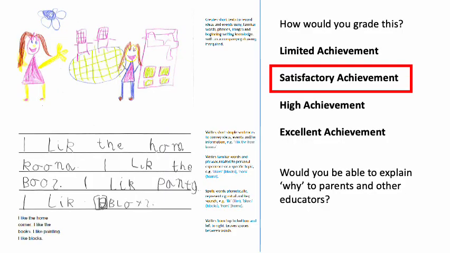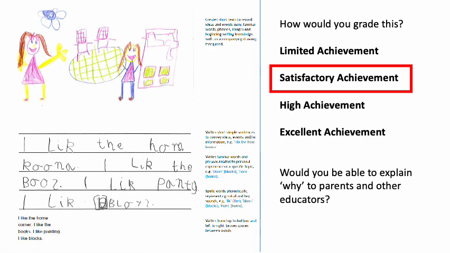So you can see that they have done a little drawing. This is a satisfactory achievement. So they wrote: I like the home corner, I like the books, I like the painting, and I like the blocks. When you have a look at a particular piece of writing like that, I can see that they are writing phonetically. I can see that they have written those nice ideas in short sentences.